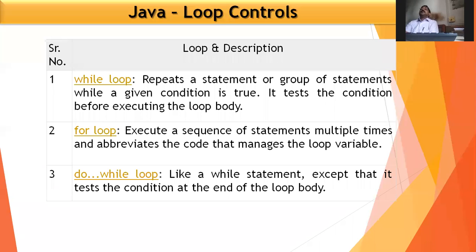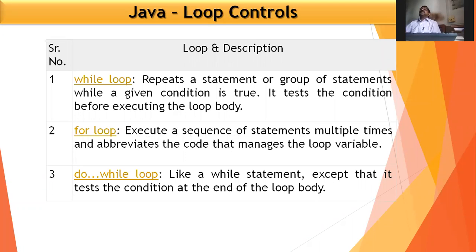How many times we can repeat all those statements which are written in the body of the loop? The counter is used for that. So in the for loop we have to write all these four different steps. We have to execute a sequence of statements multiple times and abbreviate the code that manages the loop variable.